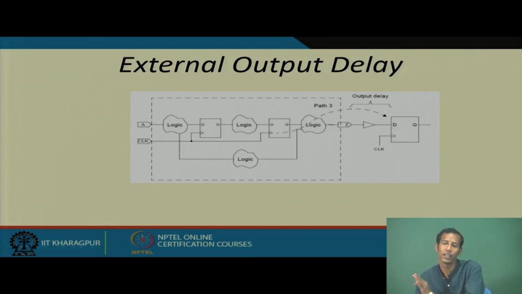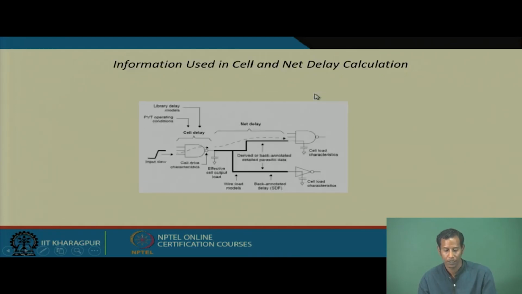At the output side, whatever flip flop you have used, that means the first flip flop to where it is connected, the time requirement in this particular path should be mentioned as external output delay. Okay.